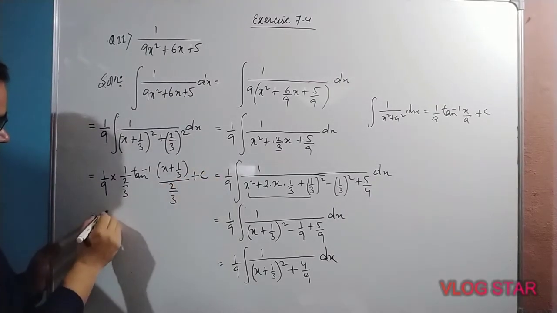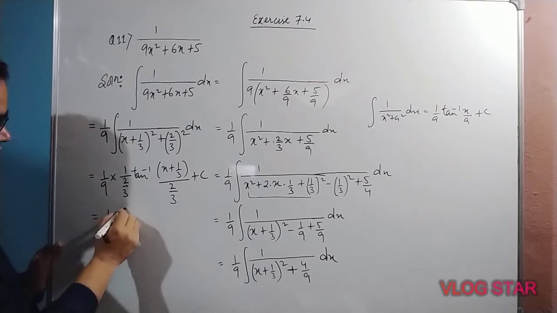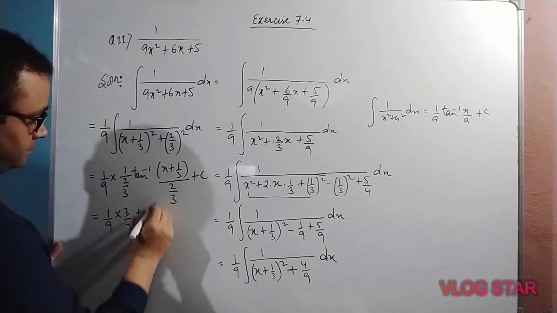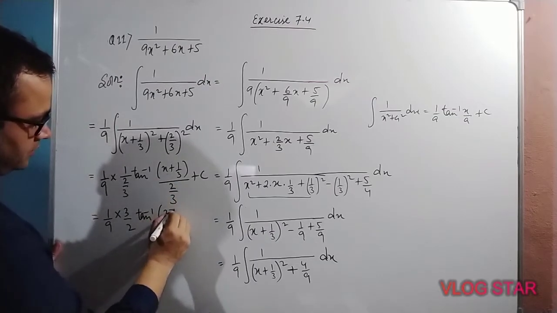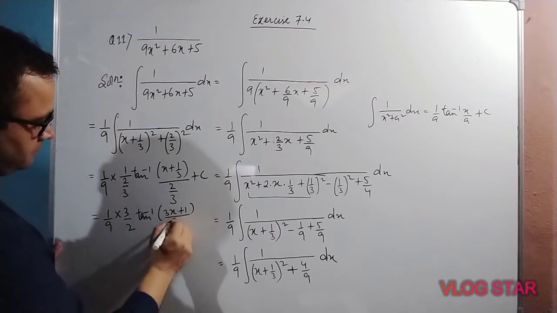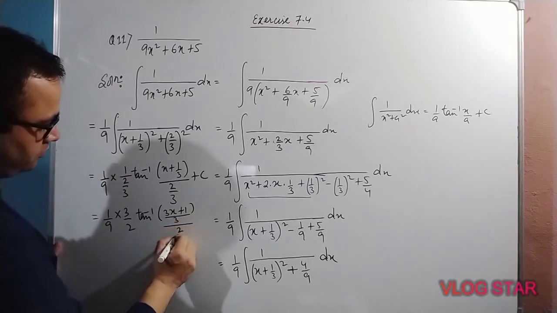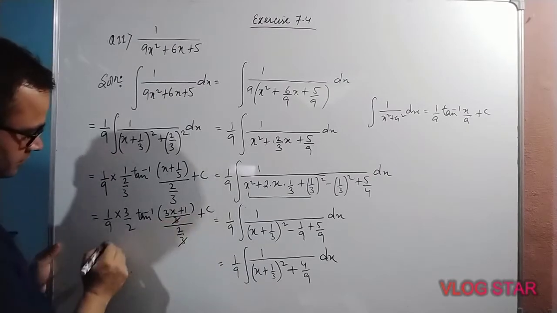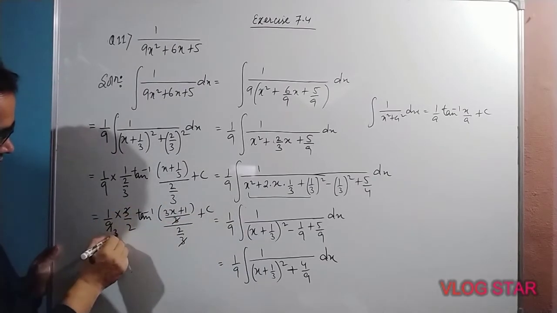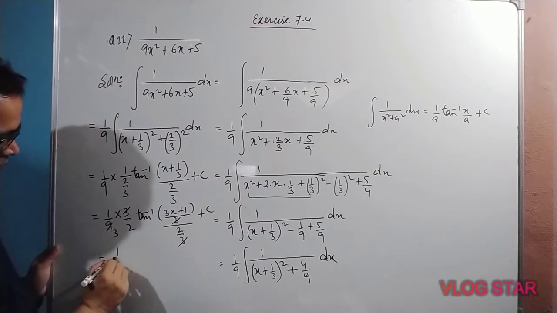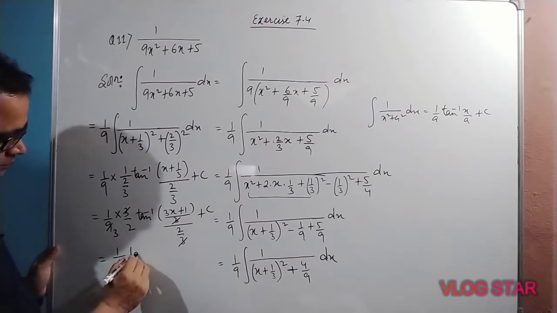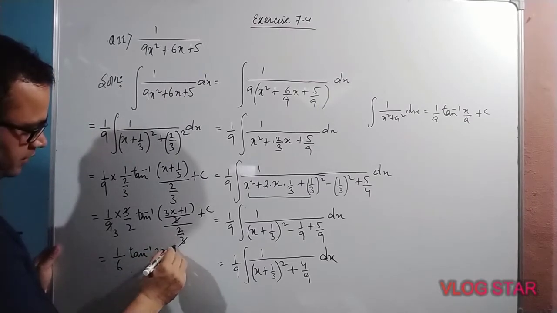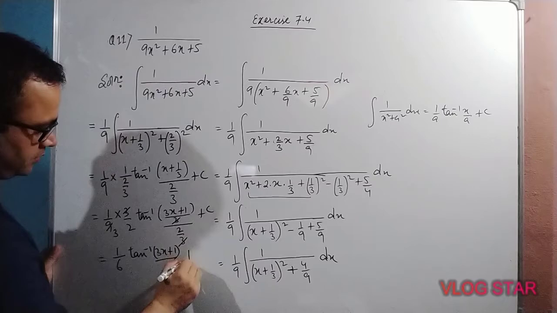Now simplify it, 1 by 9 into 3 by 2 tan inverse, now LCM is 3, x plus 1 by 3 divided by 2 by 3 plus c. Now we can cancel the denominators, 3 by 3, 3 by 9, so this equals 1 by 6 tan inverse 3x plus 1 by 2 plus c.